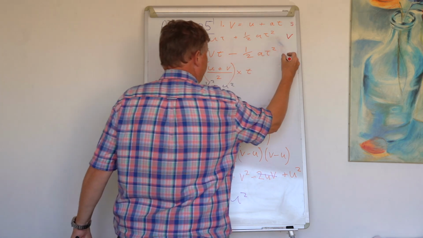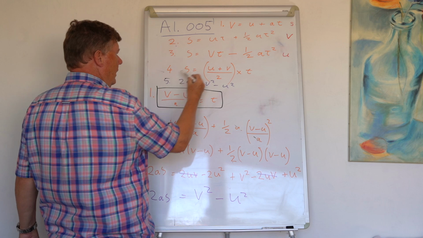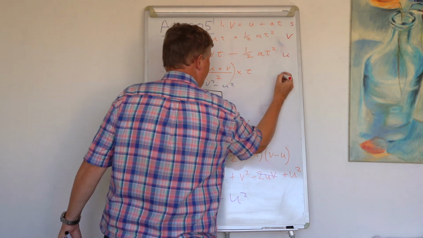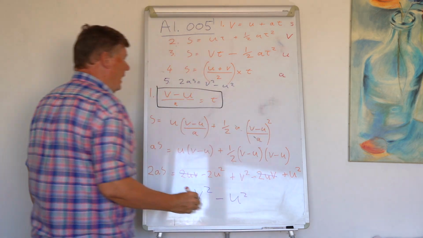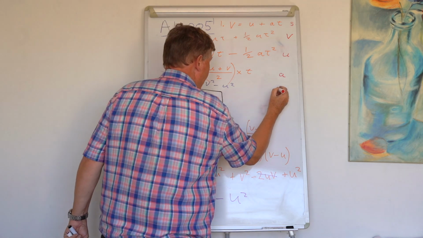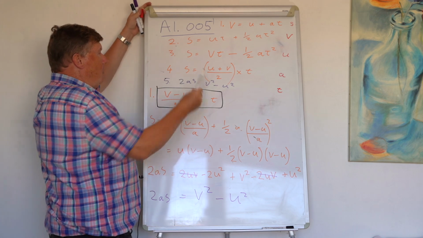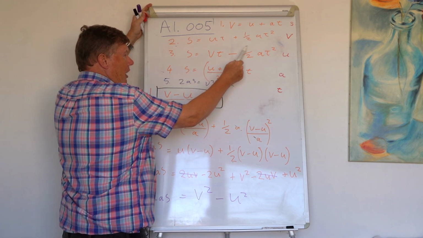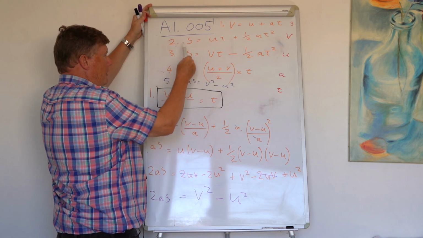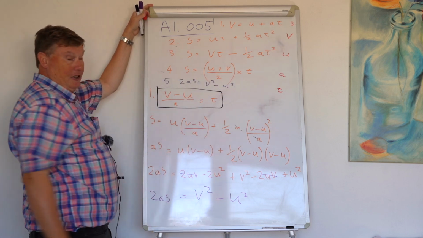This one is missing u. This one is missing a. And probably the most important one, this is the only one that misses out t. Now, interestingly, if we make s equals vt minus half at squared, number 2, and swap 2 and 3 around, you would actually have it spelling out SUVAT, which is quite cool.